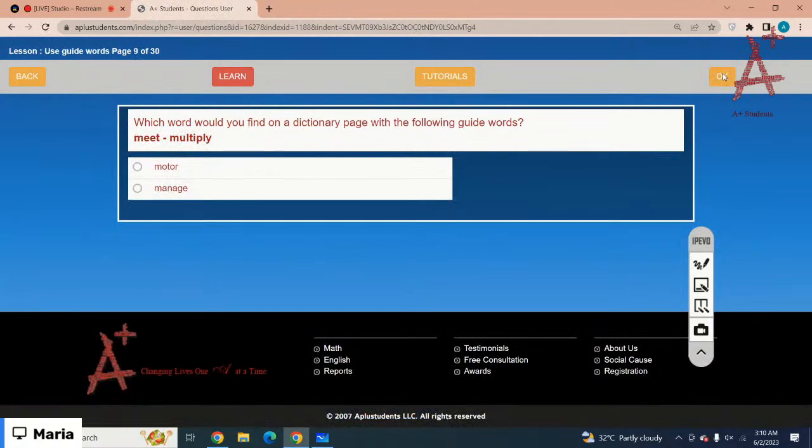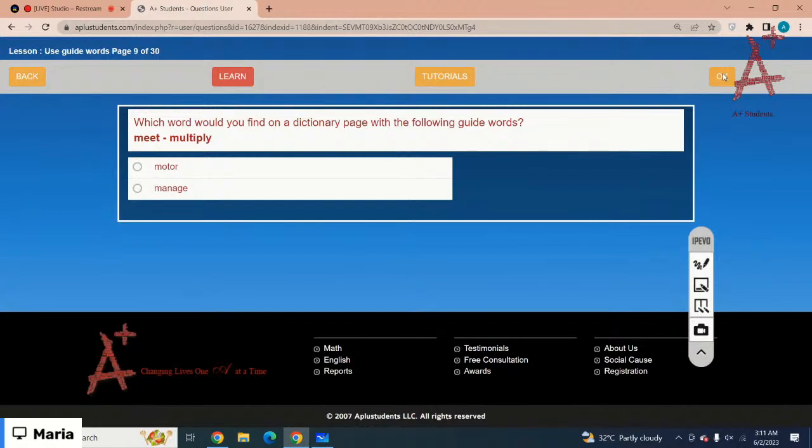Okay, which word would you find on a dictionary page with the following guide words meet or multiply? Which is the correct option, motor or manage? It would be motor.